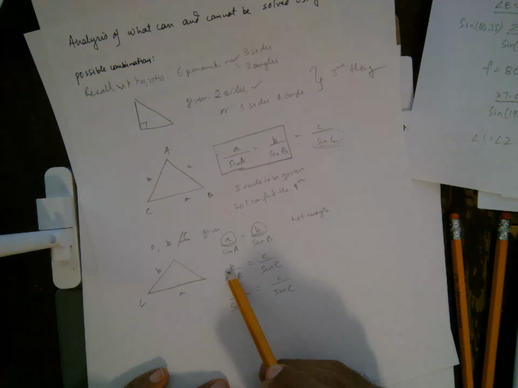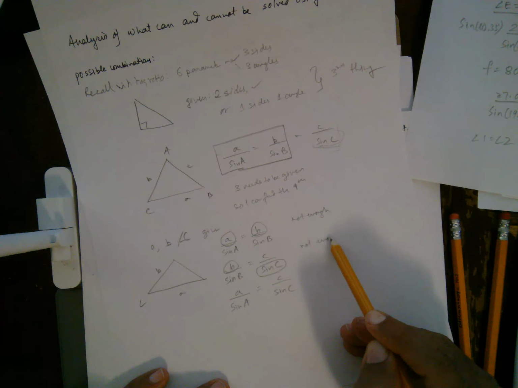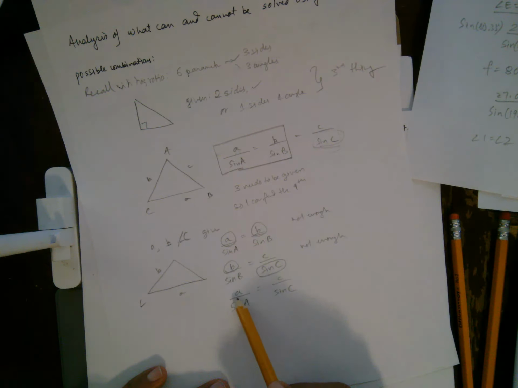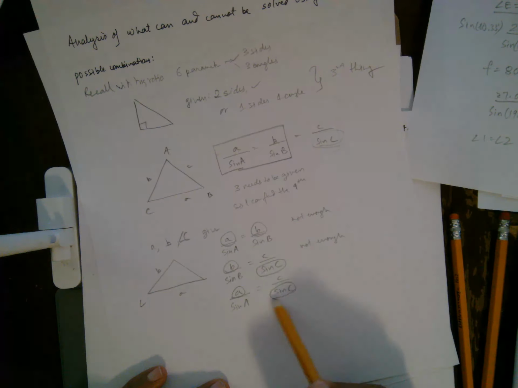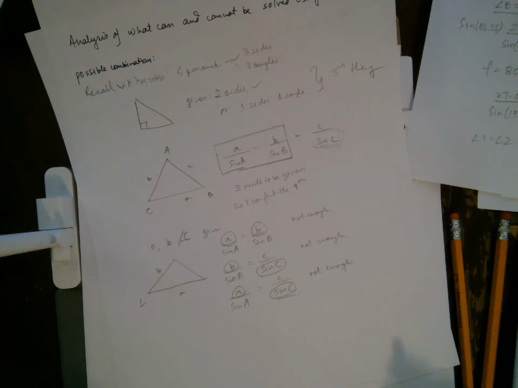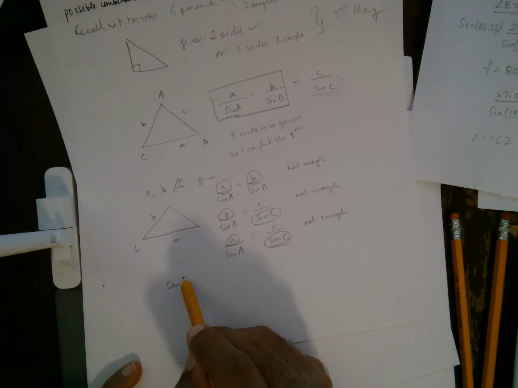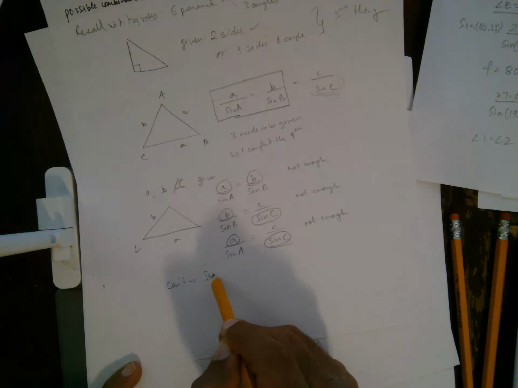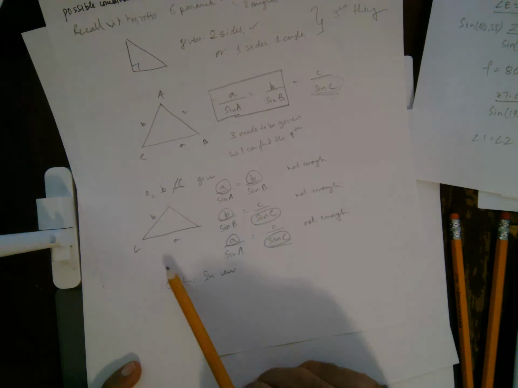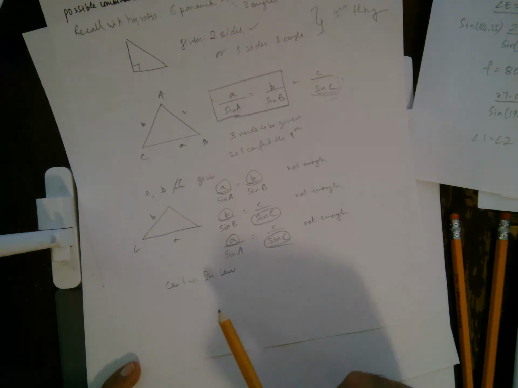Again not enough. And again not enough. So I can't use sine law. If you are given 2 sides and the angle included between them, then you cannot use sine law.